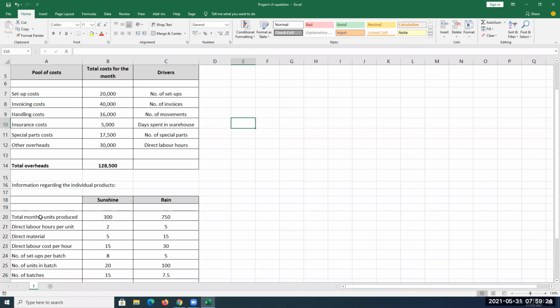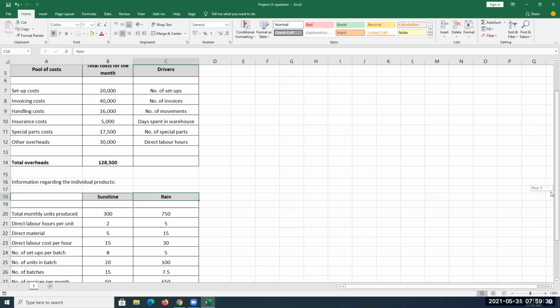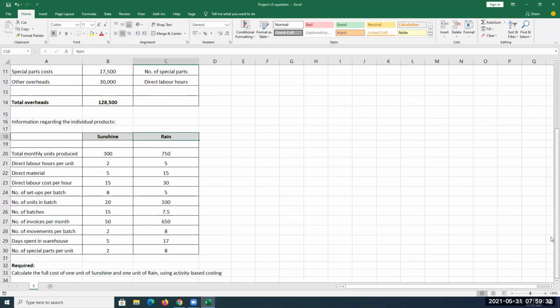And the information regarding two products is given here, Sunshine and Rain. The requirement is to calculate the full cost of 1 unit of Sunshine and 1 unit of Rain using activity-based costing. Now, under activity-based costing, there are 3 steps we need to do.